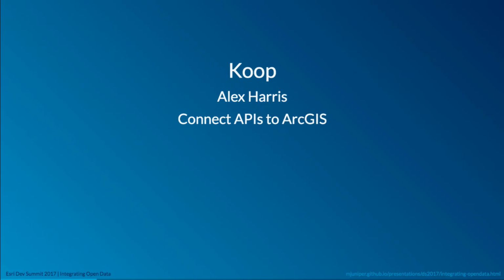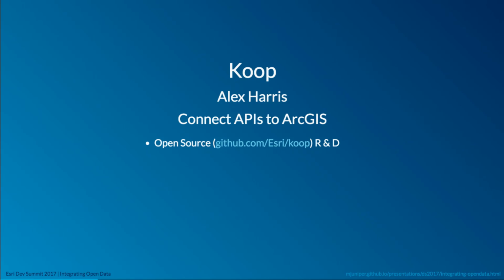So the highest level concept of Coop is that it connects other APIs to ArcGIS. So if you want to pull in data from Yelp or Craigslist or any other third-party source that doesn't really speak the feature service or geoservice language, Coop is the way to translate between the data store and the ArcGIS ecosystem.